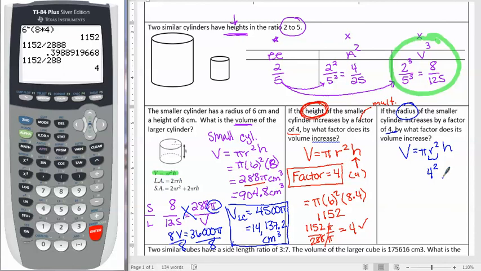And when I square it, I get 16. So what's my factor? It's 16. So when they take a formula like volume and they only increase one aspect of it, like the radius or the height, I need to see what happens in the formula to see what it's going to increase the whole thing by. It's not as easy as putting it in a chart.